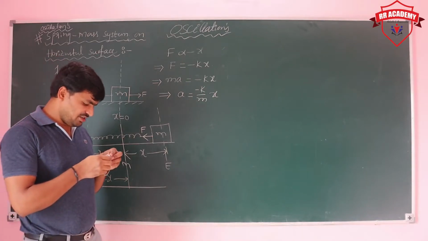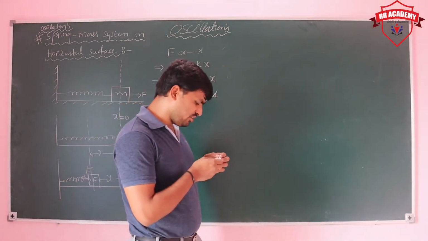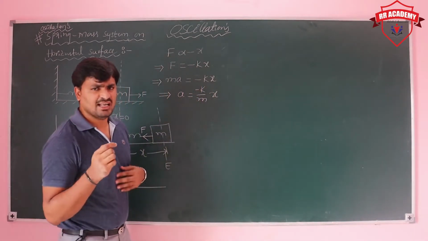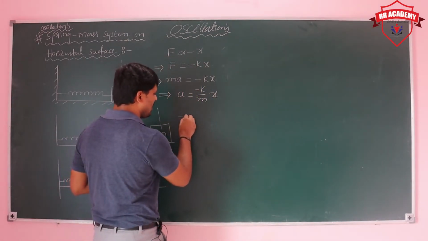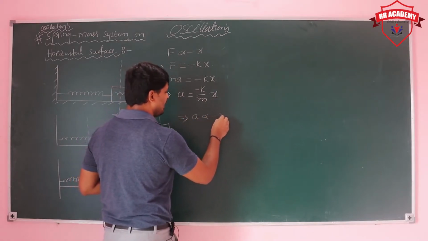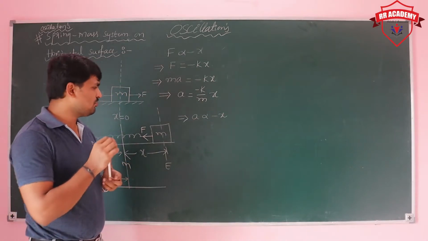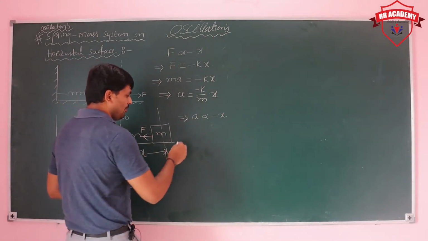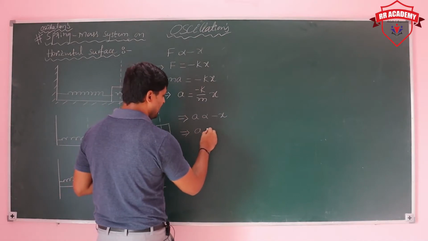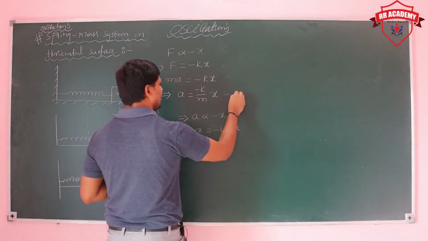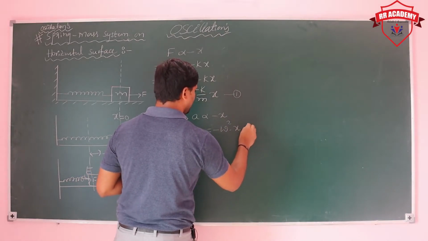And generally we know that in simple harmonic motion, the acceleration of the simple harmonic oscillator is directly proportional to displacement in the opposite direction. Then a is equal to, we can write, minus omega square x. Take this as equation 1 and that as equation 2.